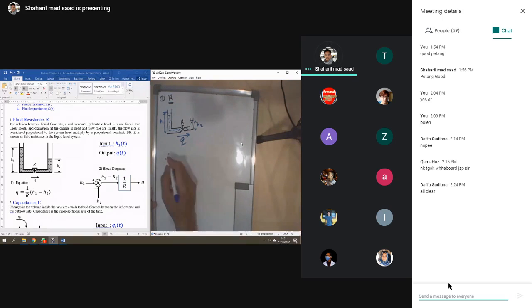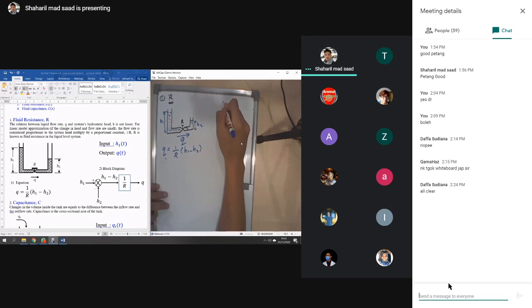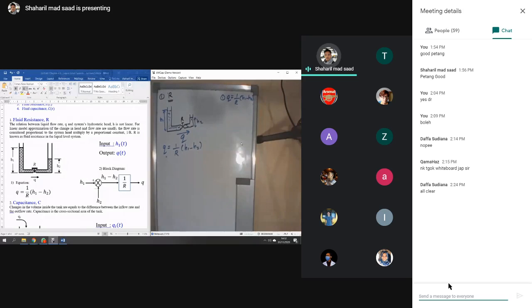So the equation is Q is equal to 1 over R, multiplied by H1 minus H2. So this is the first equation.